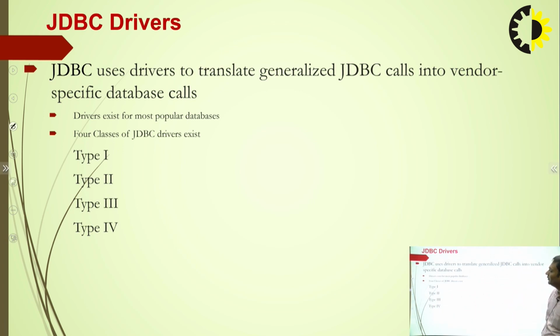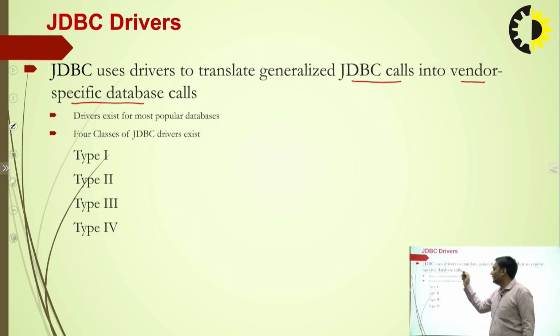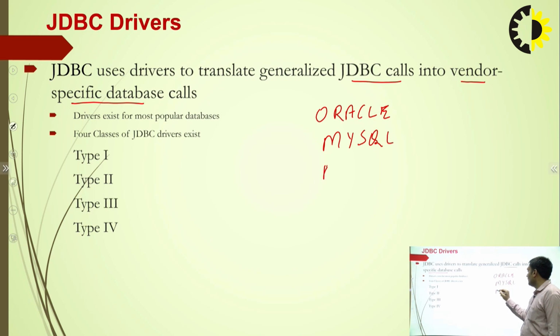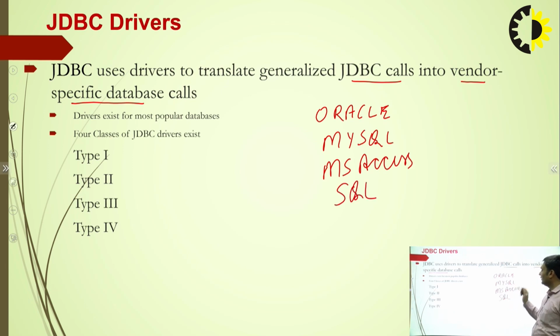Now, as I told you, there are different kinds of drivers. JDBC uses drivers to translate generalized JDBC calls into vendor-specific database calls. As I told you, different kinds of databases can be Oracle, MySQL, MS Access, SQL, and any other database.